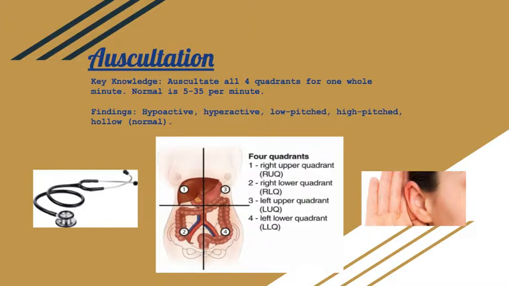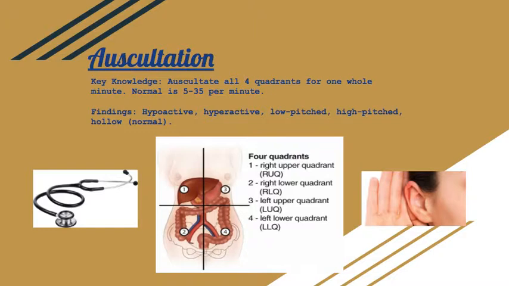Borborygmi is a term for abdominal sound and is a gurgling, splashing sound normally heard over the large intestine. It is caused by passage of gas through the liquid contents of the intestine. Absence of bowel sounds may indicate paralytic ileus or obstruction of the bowels due to torsion, volvulus, or strangulated hernia.